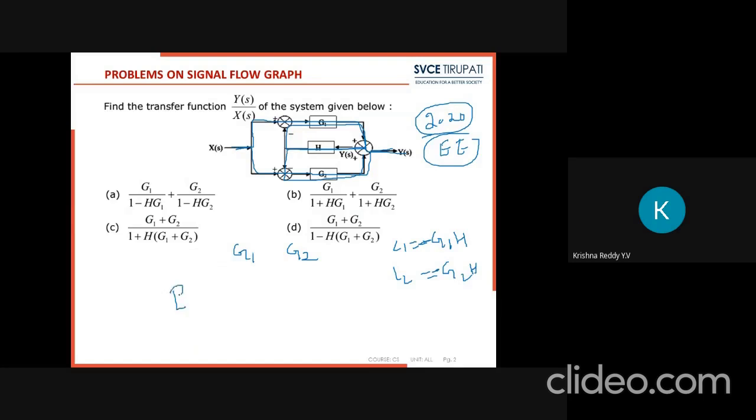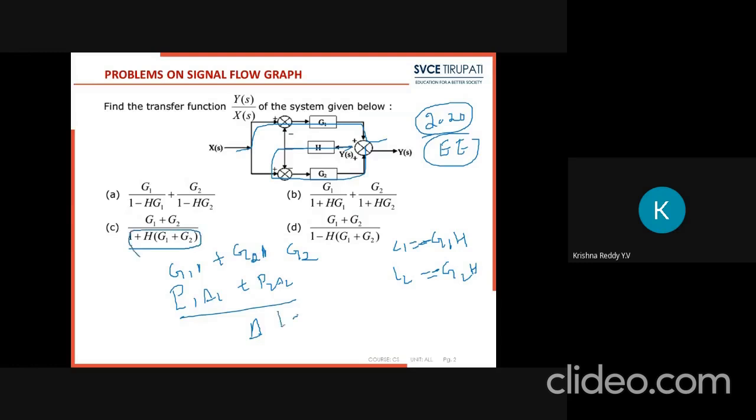Forward path gain is P1 delta 1 plus P2 delta 2 divided by delta. P1 is G1. For this forward path, L2 is not touching. When you are taking forward path 1, the L2 loop also touches at this point. That's why delta 1 is 1 plus G2. P2 is G2 into delta 2 is 1, divided by delta.